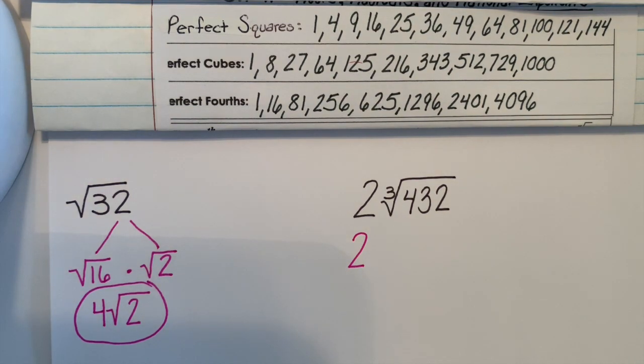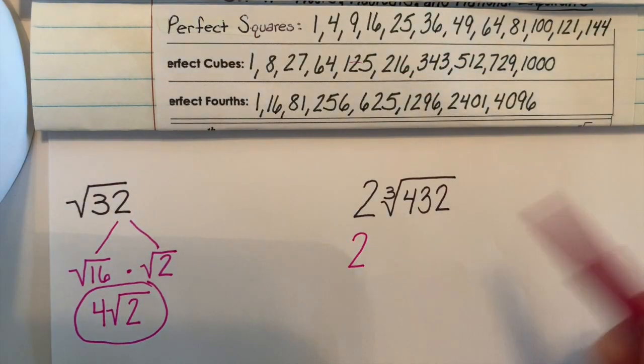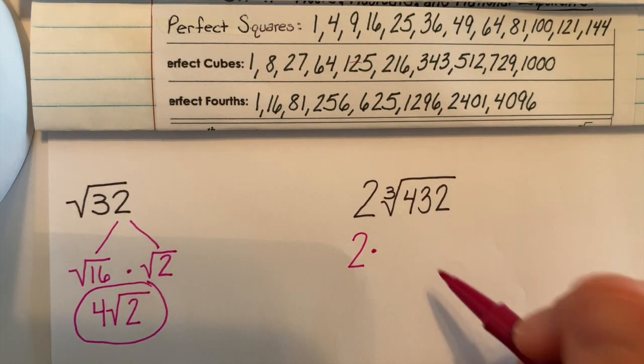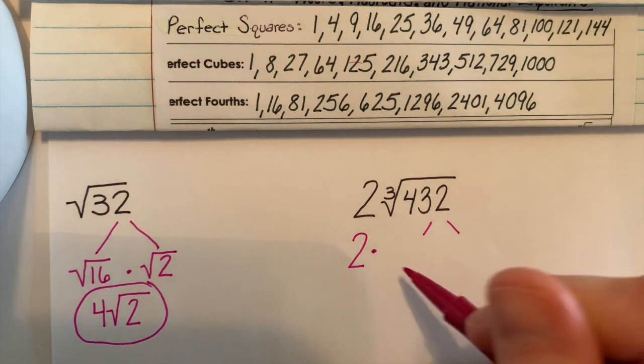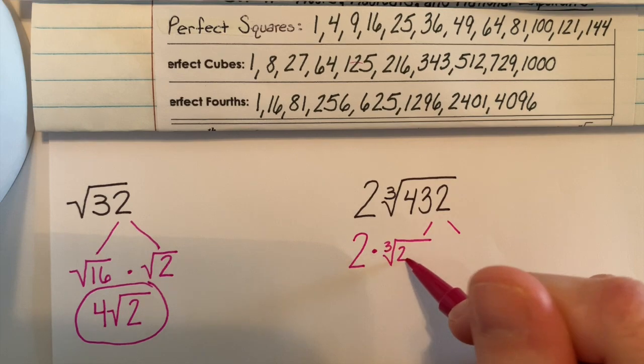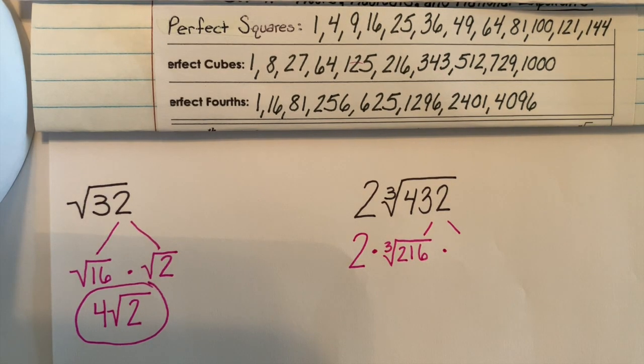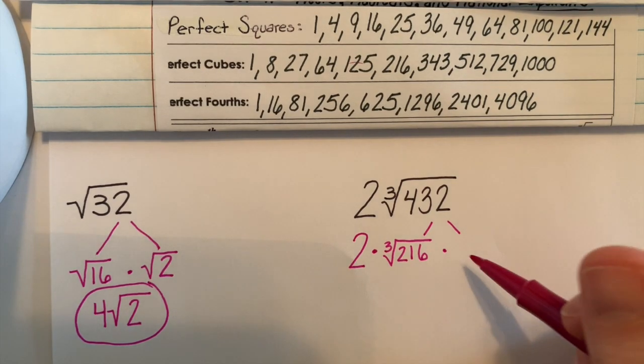You could try and divide those out. I am going to speed it up for you and tell you that you can divide 432 by 216. So I'm going to put my multiplication sign and then break it down. So I have the cubed root of 216 times the cubed root of, and 216 times what gives me 432?